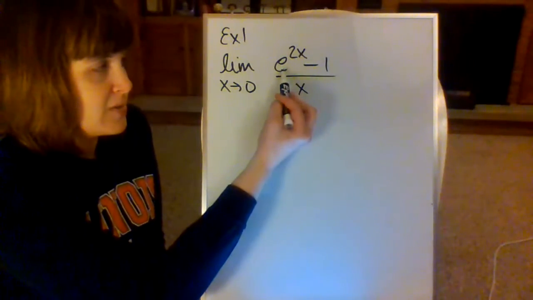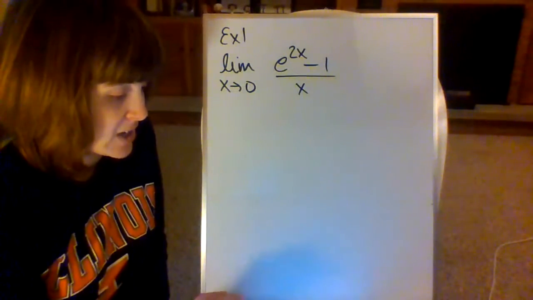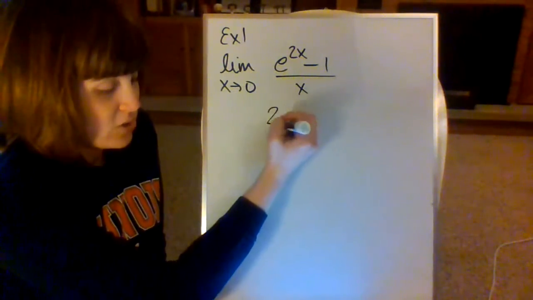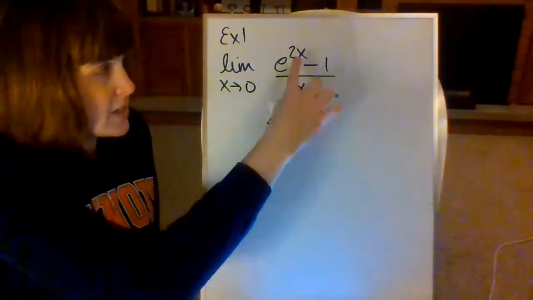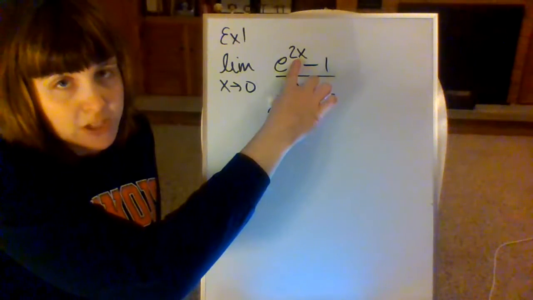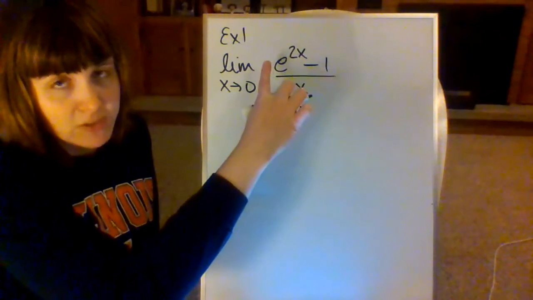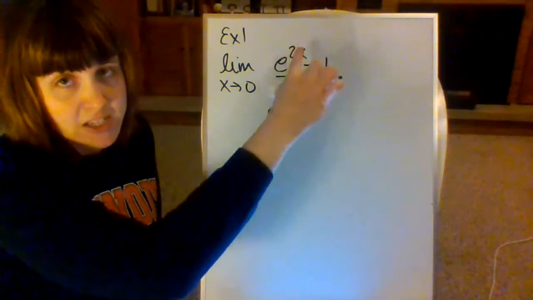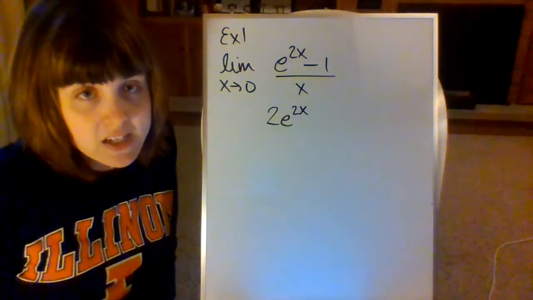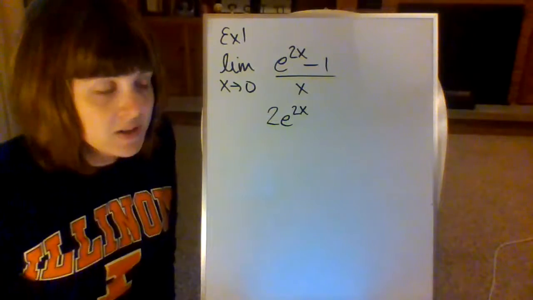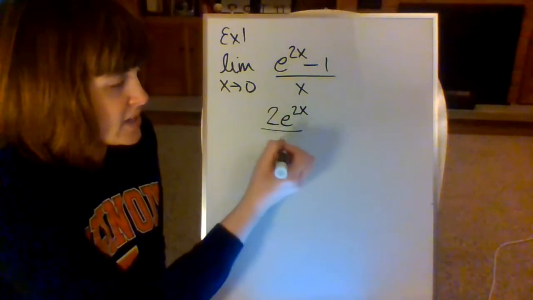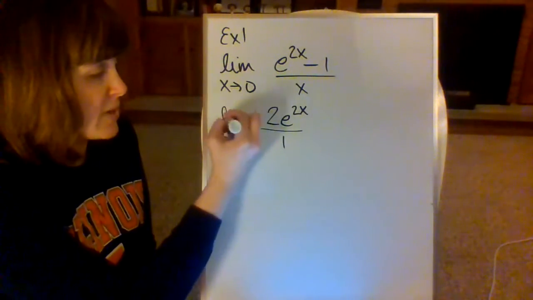So the derivative of e to the 2x, if you're looking at your notes page, is 2e to the 2x. Because the derivative of the power itself is 2, so that 2 gets moved to the front, and then e to the 2x stays e to the 2x. The derivative of 1 is 0, and the derivative of x is 1. Okay, so now we have this problem.